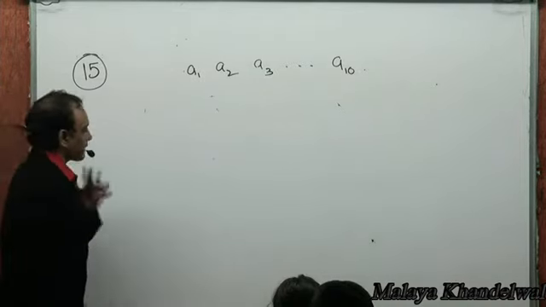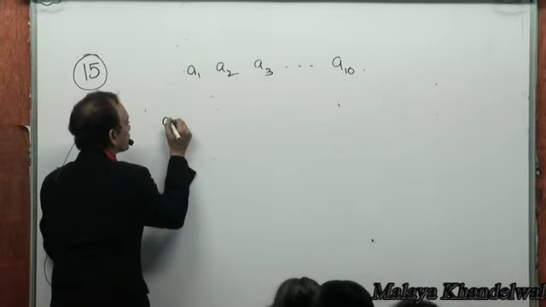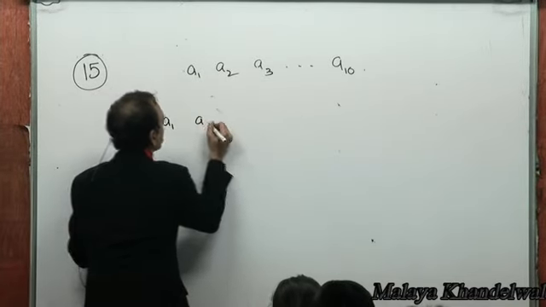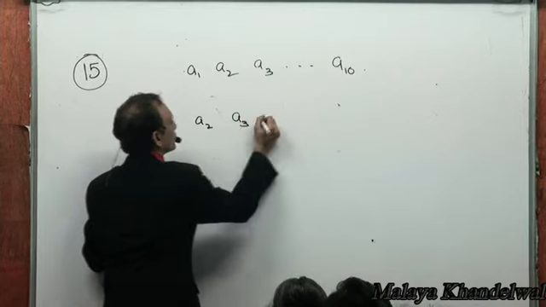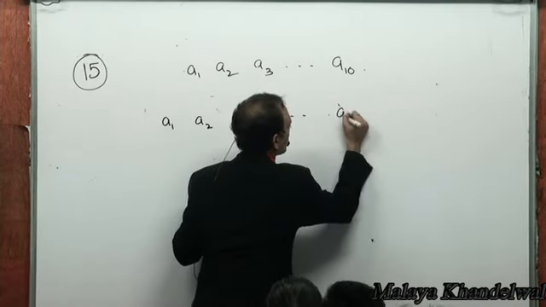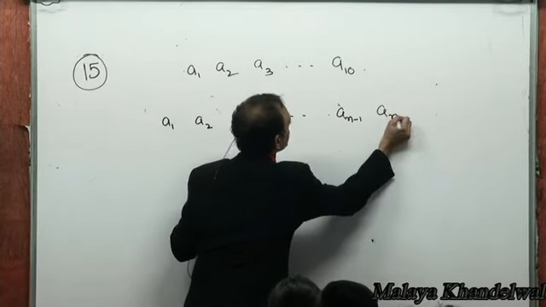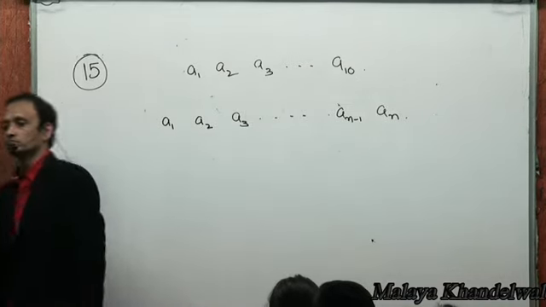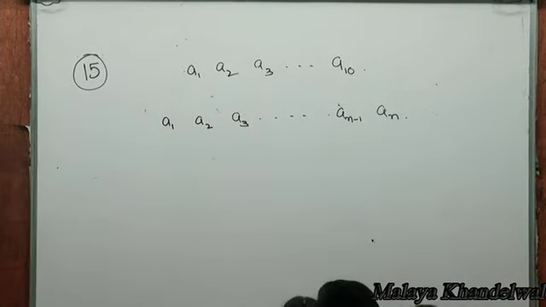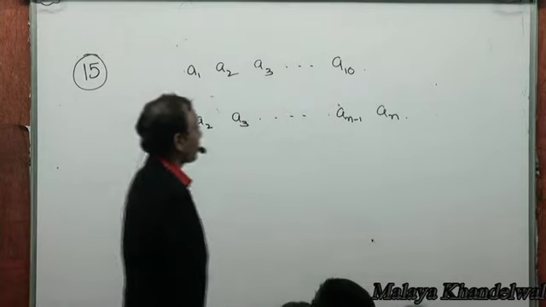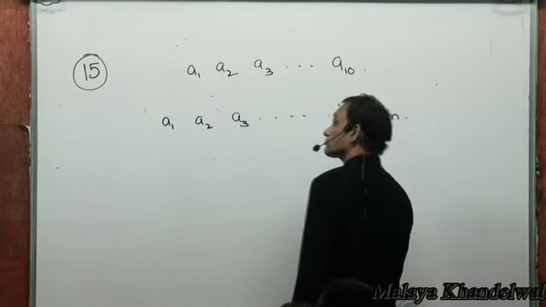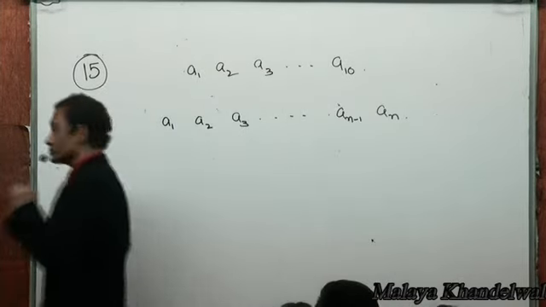See, suppose there were n children. Now, there are only two possibilities.